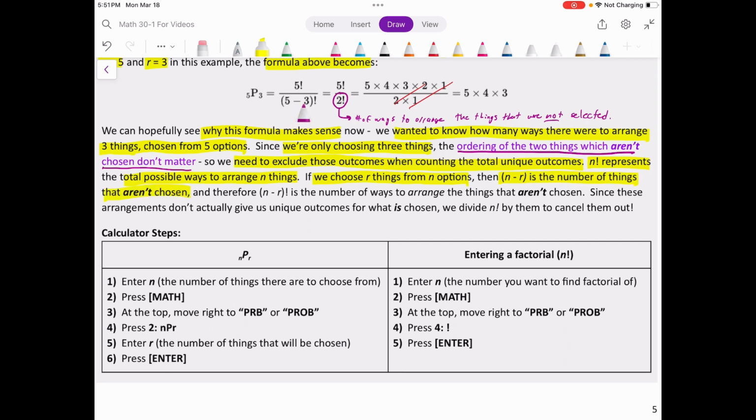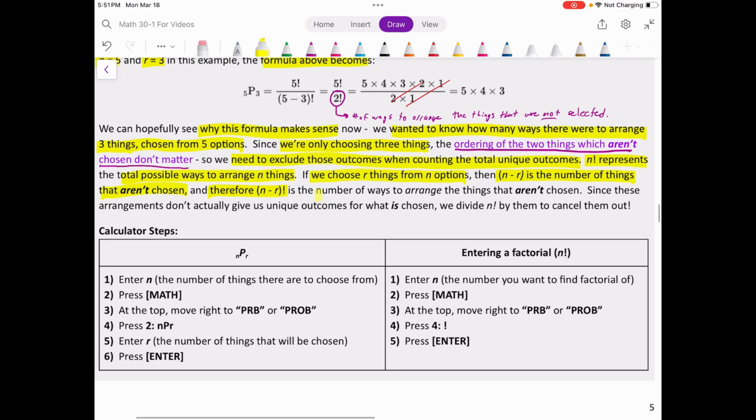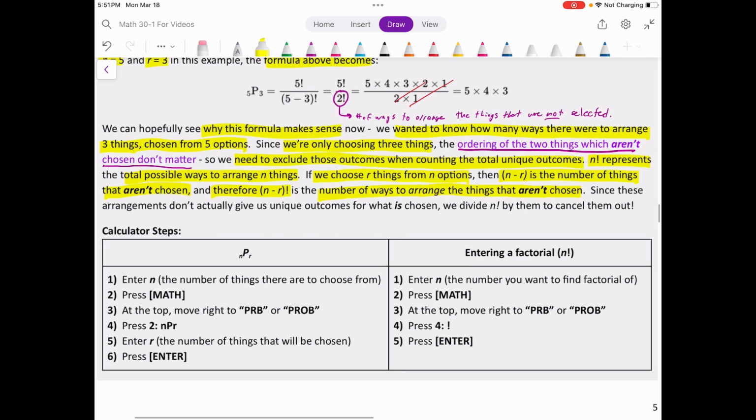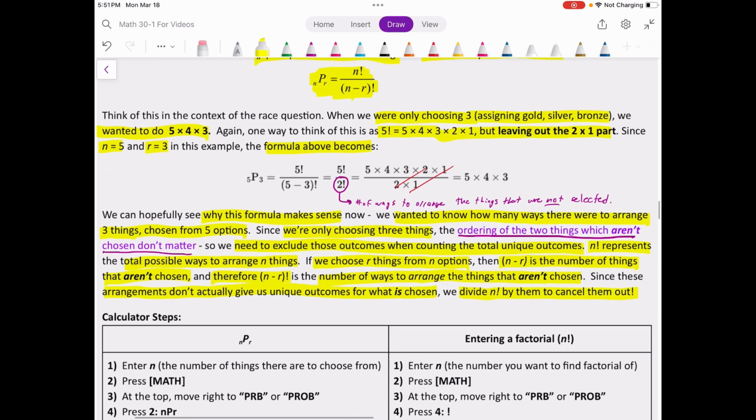If we choose three things out of 5 options, that means we didn't choose 2 of them, and therefore we don't care about their order, right? And therefore, n minus r factorial is the number of ways to arrange the things that aren't chosen. Since these arrangements don't actually give us unique outcomes for what is chosen, because they weren't chosen, we divide the n factorial by them to cancel them out. And that's the logic behind this formula.